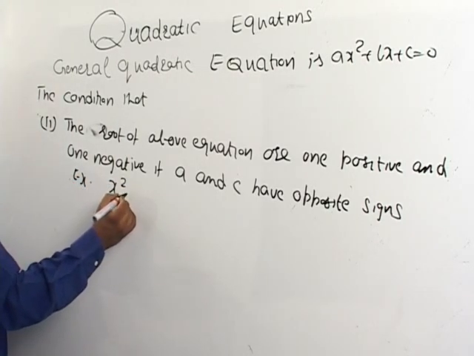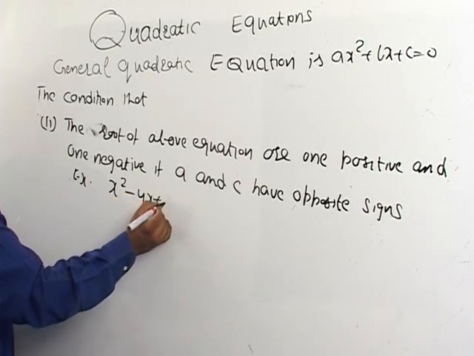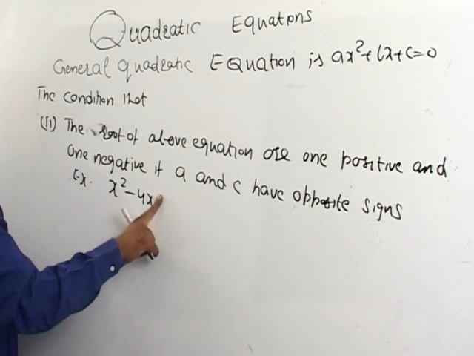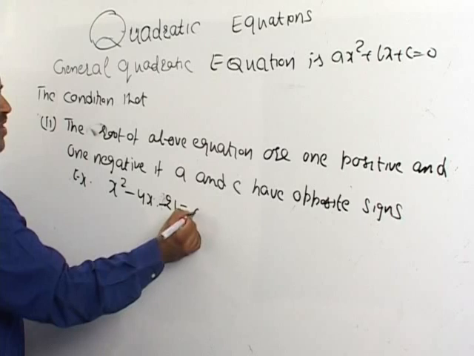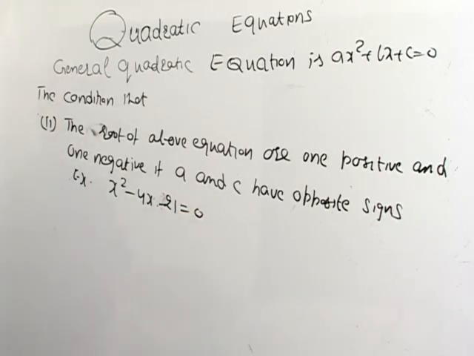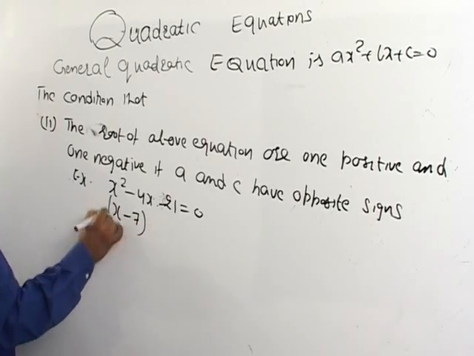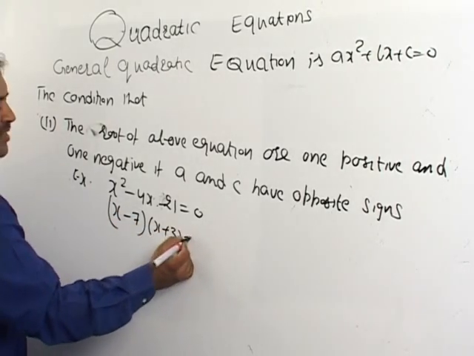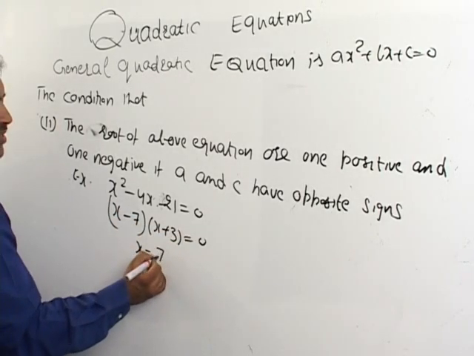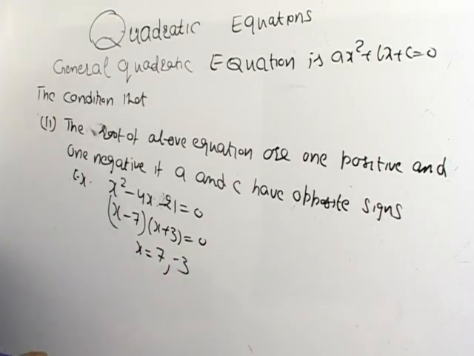x square minus 4x minus 21 is equal to 0. This equation has roots (x minus 7)(x plus 3) is equal to 0, x is equal to 7 and minus 3.